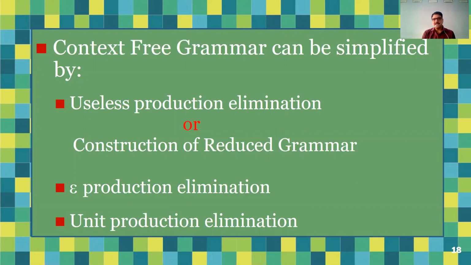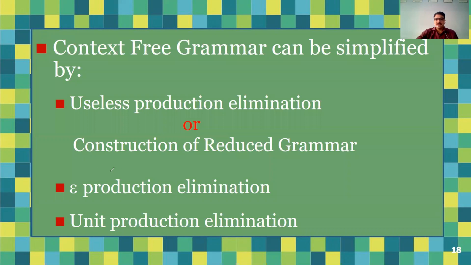Another is the elimination of null productions. If there are any null productions in the grammar, then we will eliminate such productions from the grammar. And another is unit production elimination, which means if there is any unit production in the grammar, then we will eliminate it, right?